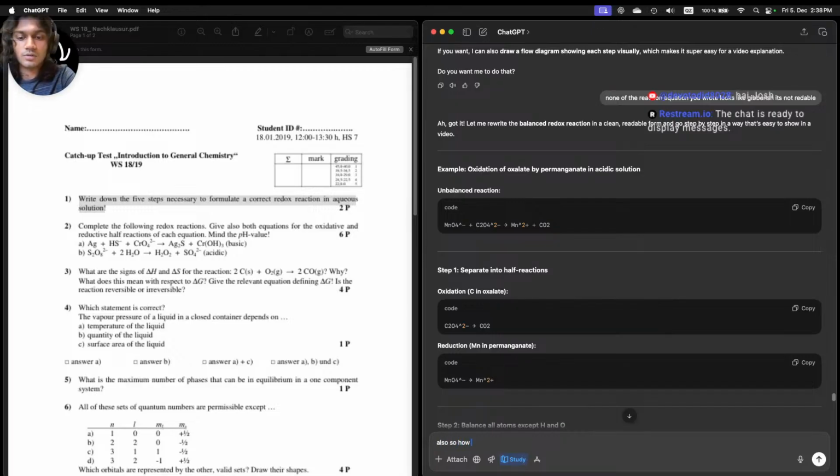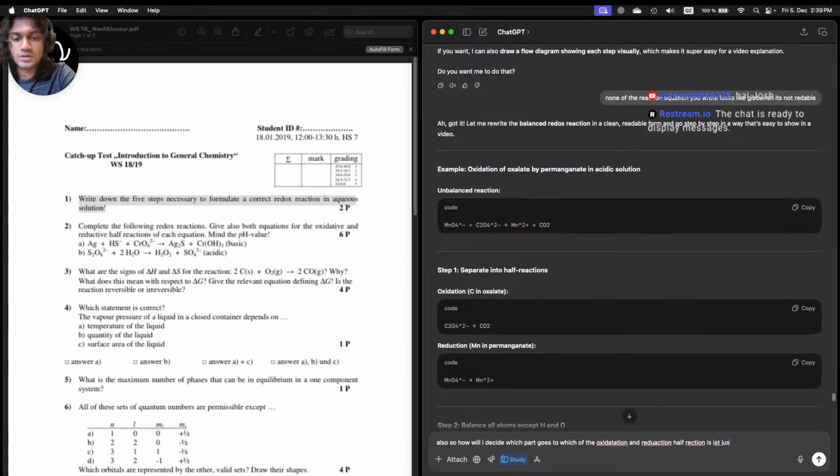So how will I decide which part goes to which of the oxidation and reduction half reactions?